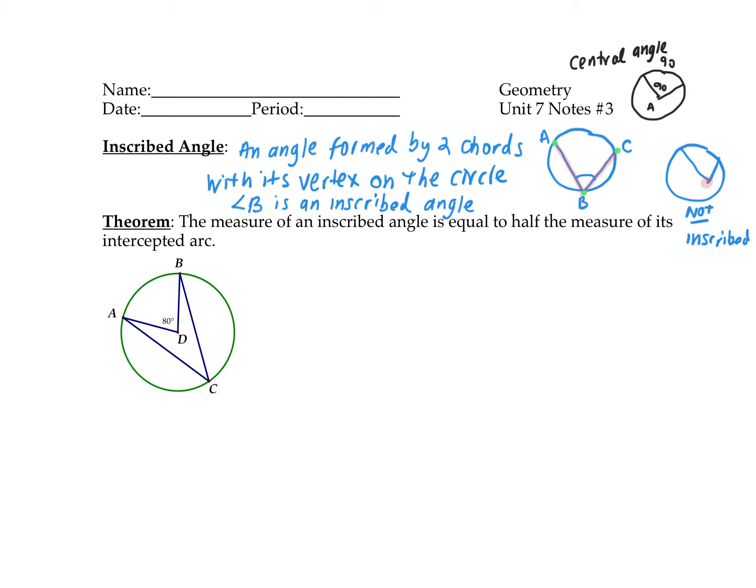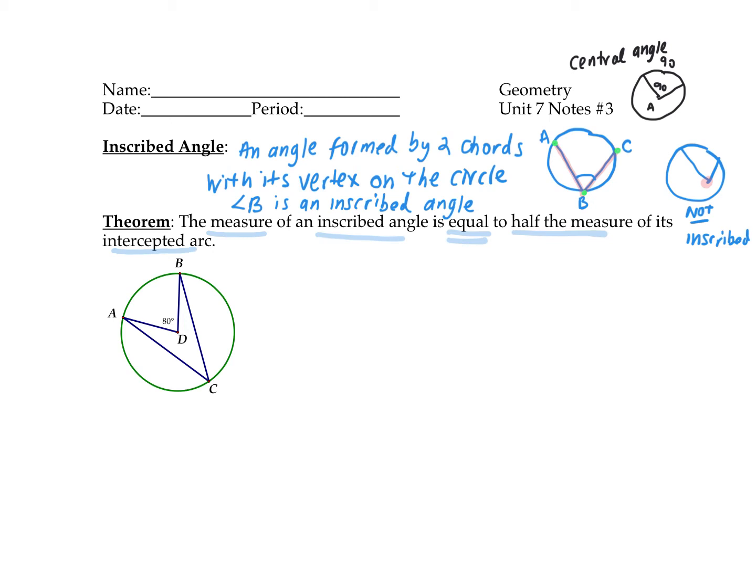There are a series of theorems that will lead to problems that we can solve. Our first theorem says the measure of an inscribed angle, meaning how many degrees are in an inscribed angle, is equal to half the measure of its intercepted arc.